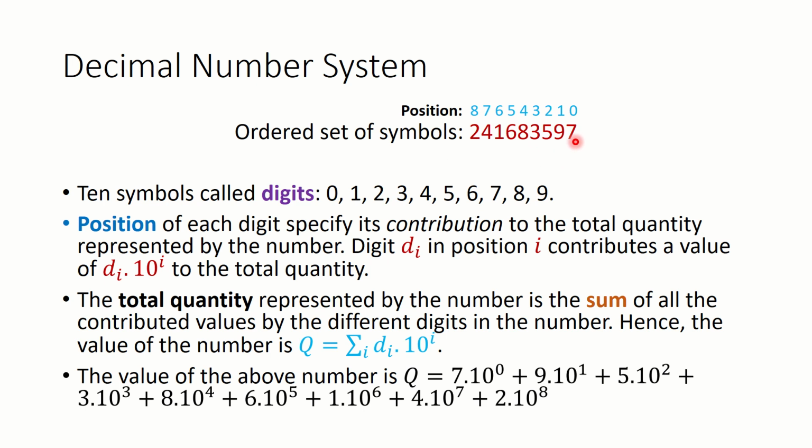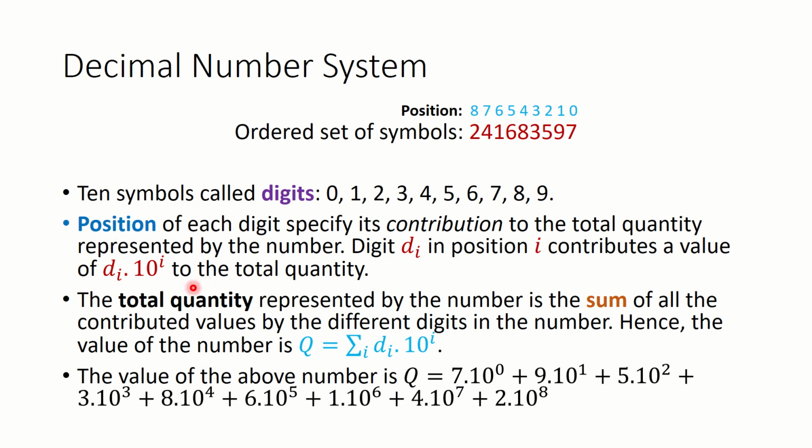You start counting from the rightmost digit, whose position is 0, and keep increasing the position towards the left. Its contribution is that digit multiplied by 10 to the power of its position number, di times 10 to the power of i.